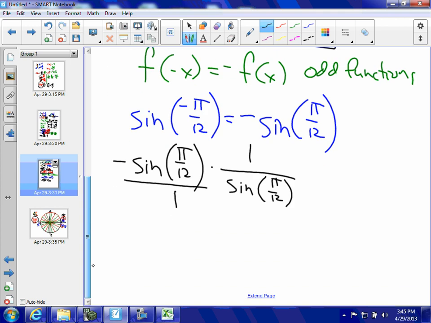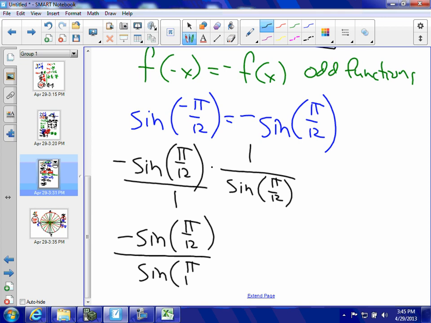Now, multiplying across, I have negative sine pi over 12 divided by sine of pi over 12. Remember, sine pi over 12 is just a number.